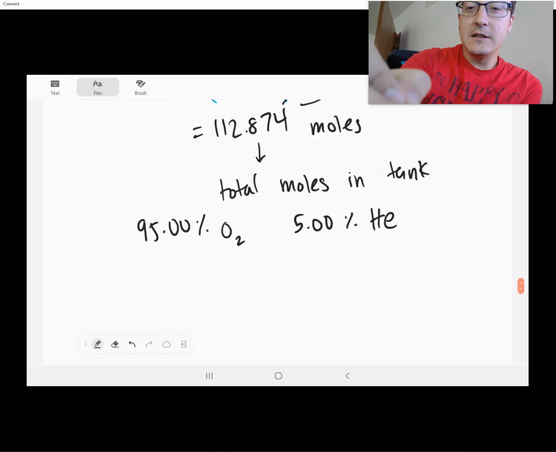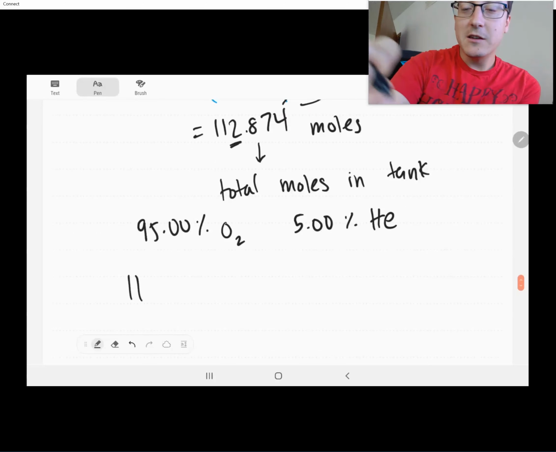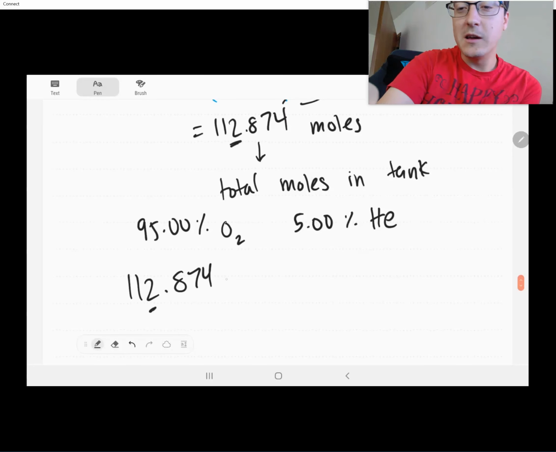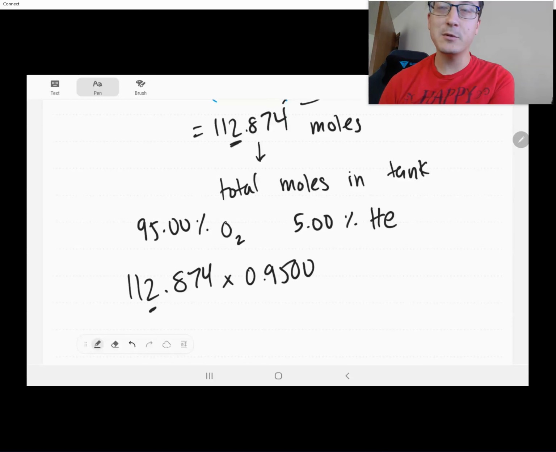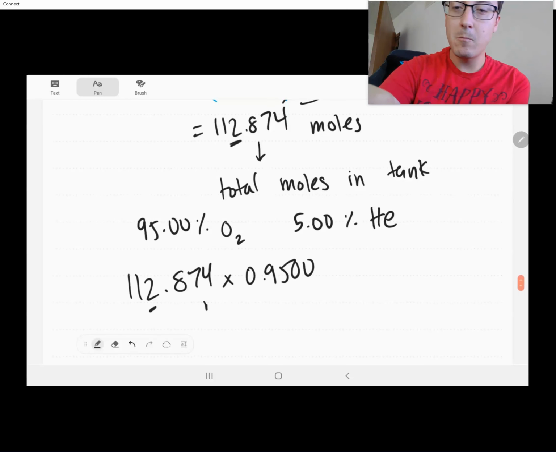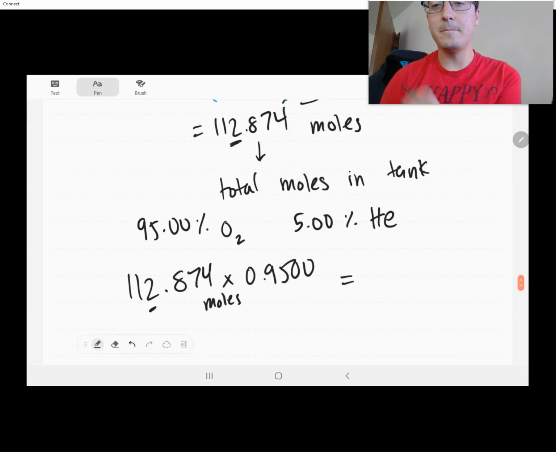So what we can do is take that, by the way, we know it's 3 sig figs, 112.874. We can multiply this by 0.95. That's 95%. Perfect. Okay, great. So Shelby has done the work for us. So she got 107, let's say, with 3 sig figs.